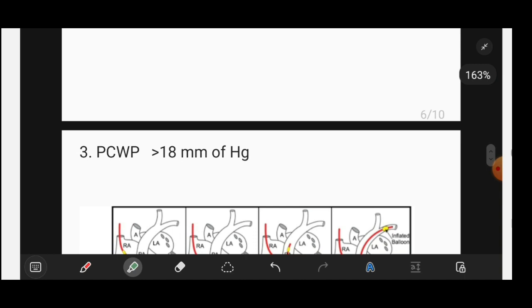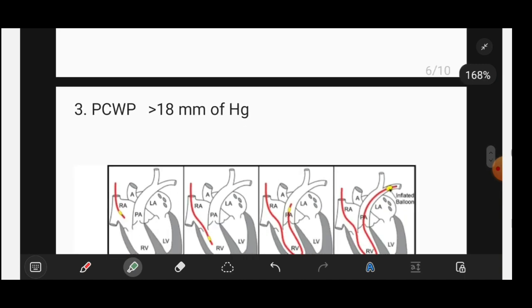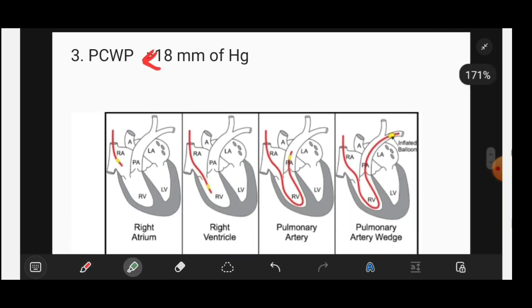Now, the third option is PCWP, meaning pulmonary capillary wedge pressure. As we know, in acute respiratory distress syndrome, the pulmonary capillary wedge pressure is less than 18 mm of Hg. To measure this pulmonary capillary wedge pressure, how can we measure it?